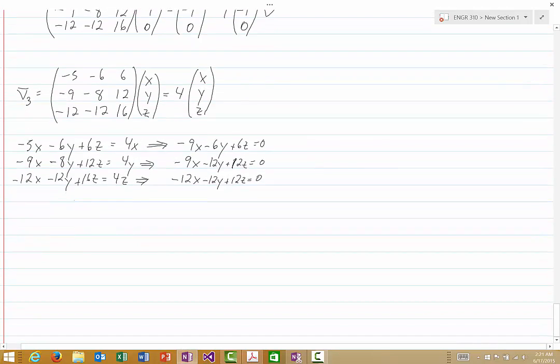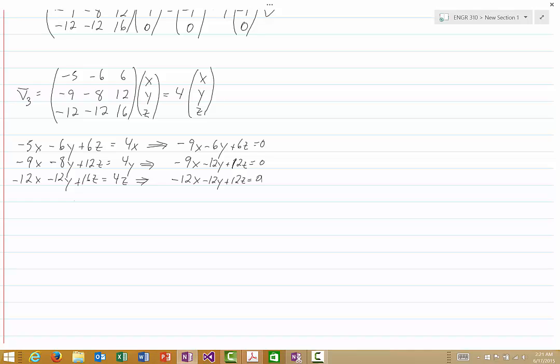And once again, it looks like we can pull a little trick here to make this easier for ourselves. Notice that the first equation implies that if we take 9x over to the other side of the equation, we get 9x is equal to 6z minus 6y. But the second equation implies that 9x is equal to 12z minus 12y.